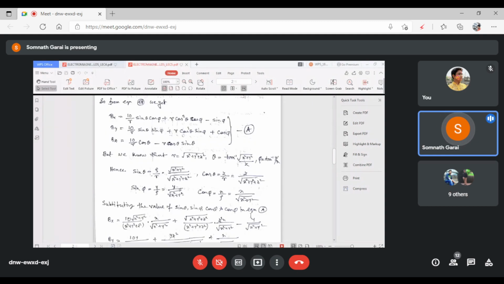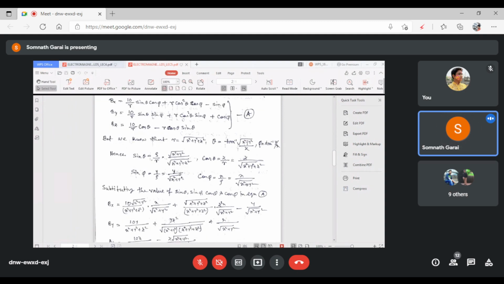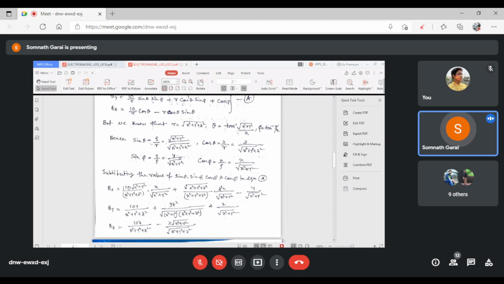Now we put the value of r, sin theta and cos theta into the equation, and we get the expression of Bx, By and Bz. So Bx will be 10 root under x square plus y square divided by x square plus y square plus z square into x divided by root under x square plus y square.